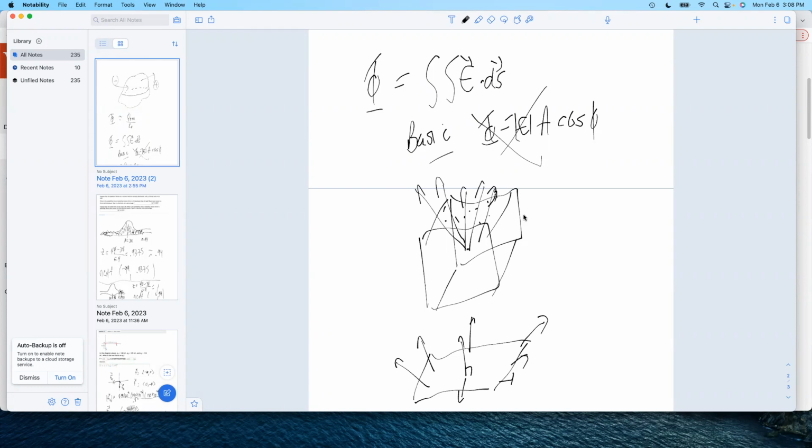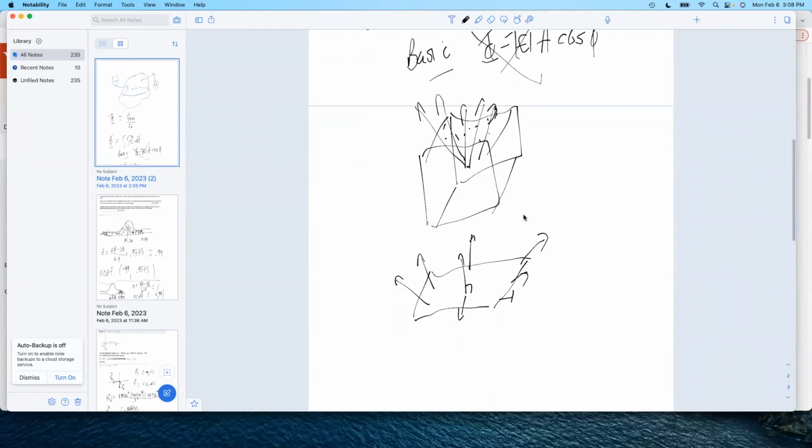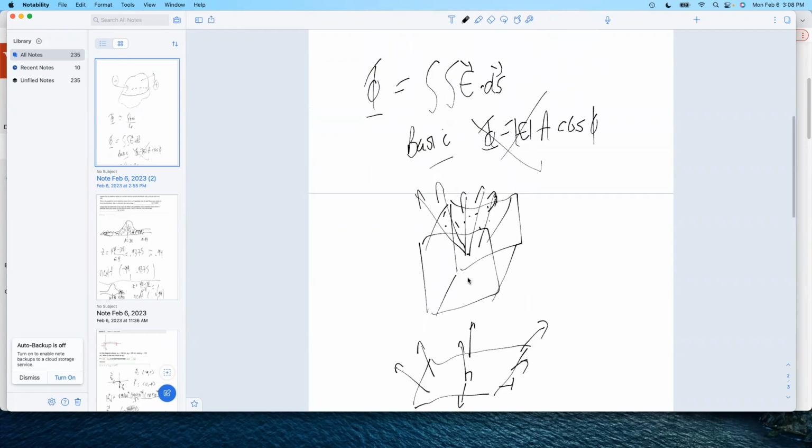It would be nasty. I don't even think I would do that to you in a Calc 3 problem, maybe, but it would be a really hard problem. So we're not just using this. This won't work here because this angle is not constant. E's not even constant. We don't have constant magnitude everywhere there.